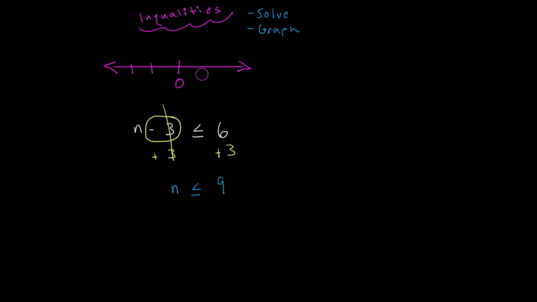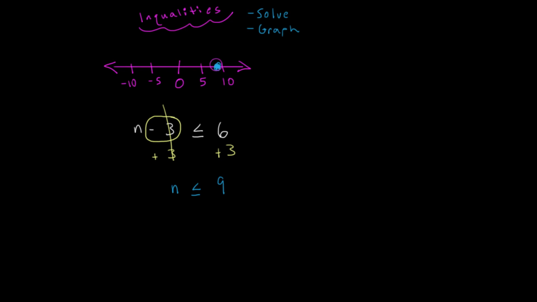Alright, so we'll put a couple hash marks on this number line: negative 10, negative 5, then 5, and 10. And I'm going to put my circle right before this 10 because n is less than or equal to 9. I'm looking for 9 on the number line. I'm going to put it right here, right before the 10, and then I'm going to shade it in because of that symbol.